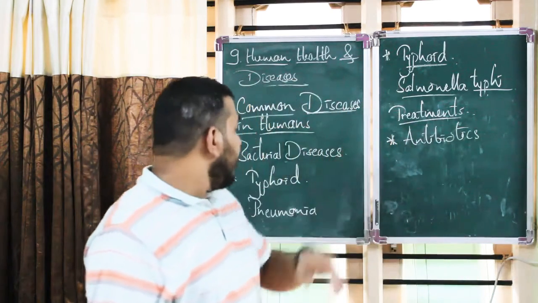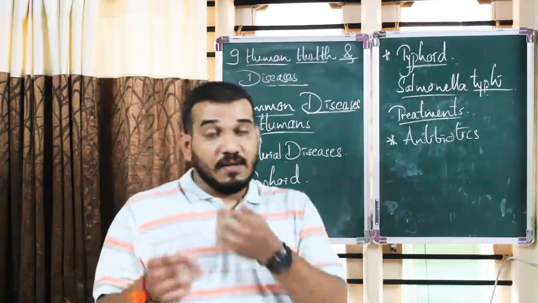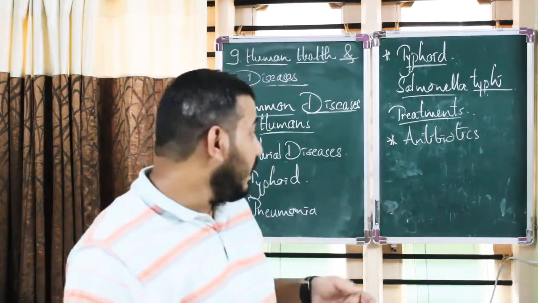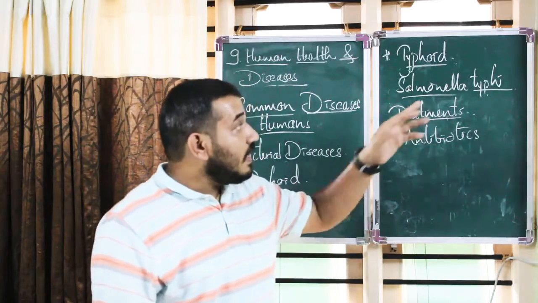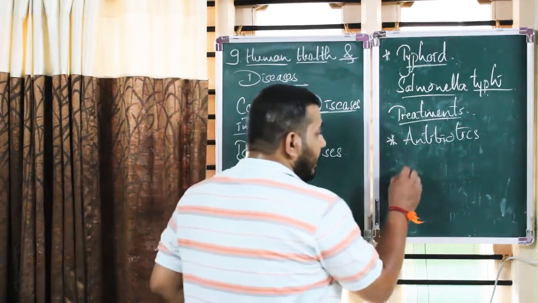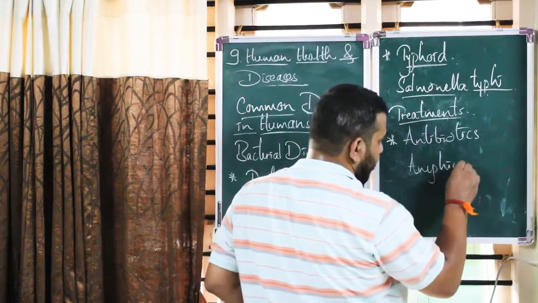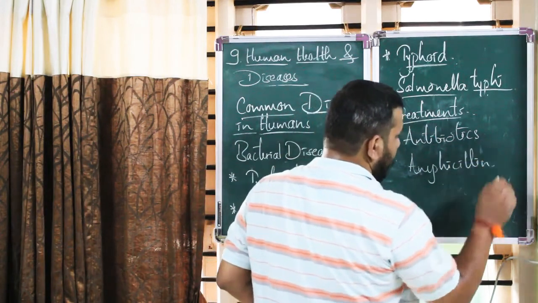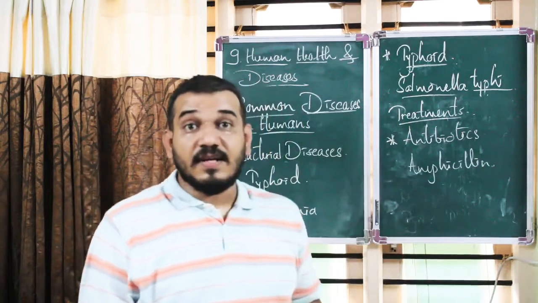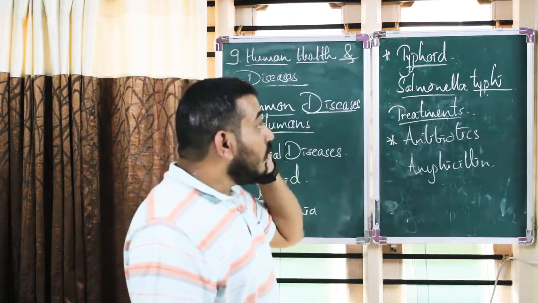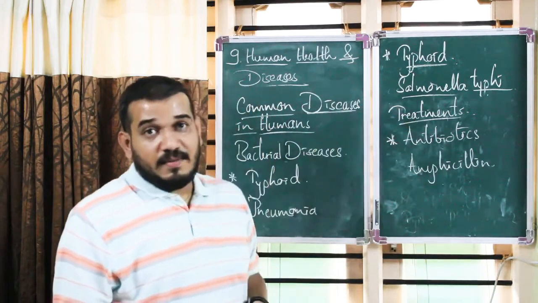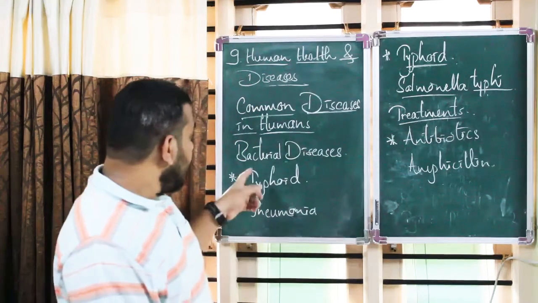Since it's a bacterial disease, antibiotics work very well against Salmonella typhi. Antibiotics like ampicillin are given as a treatment to cure typhoid.